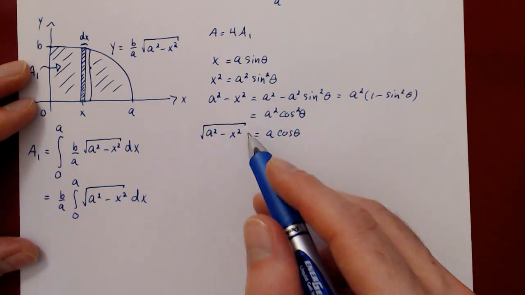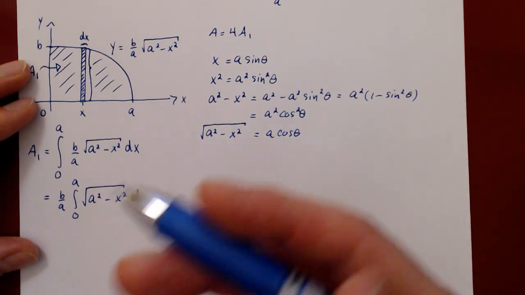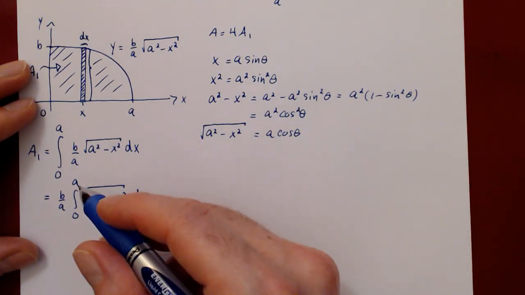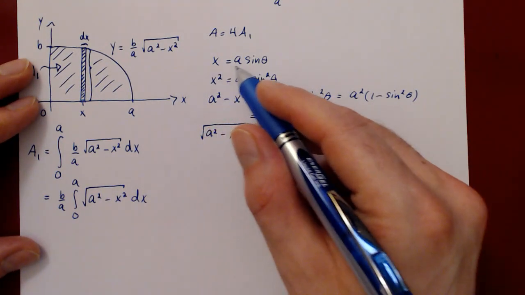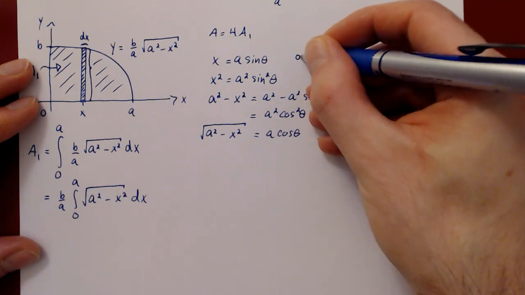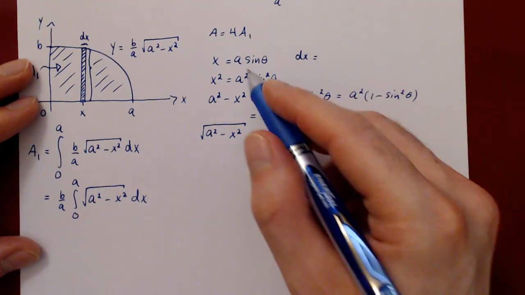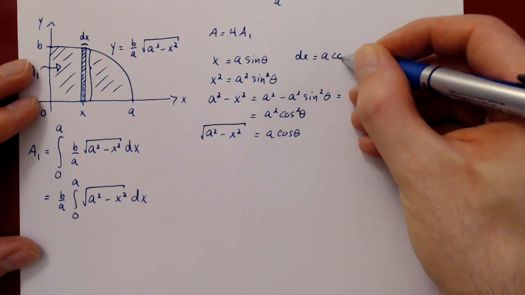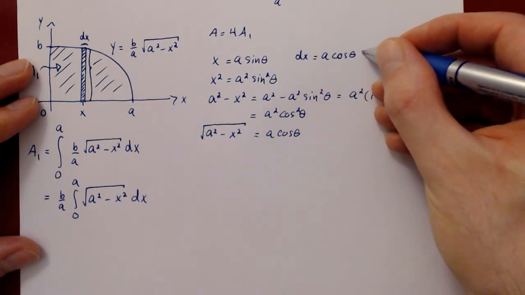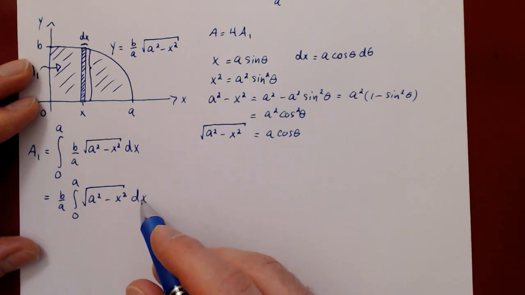So already we've eliminated the square root, but we have to, of course, find the differential dx and the new bounds of integration. So if we take the differential here on both sides, then dx is the differential of this function, which is, of course, a cosine of theta d theta.